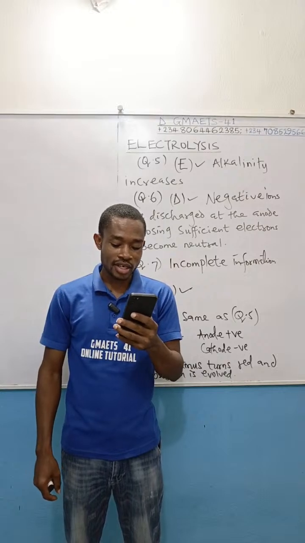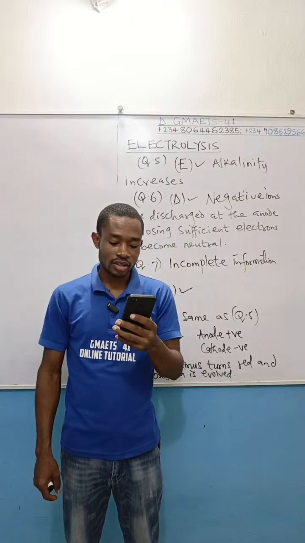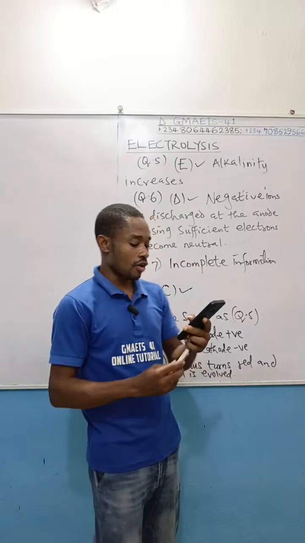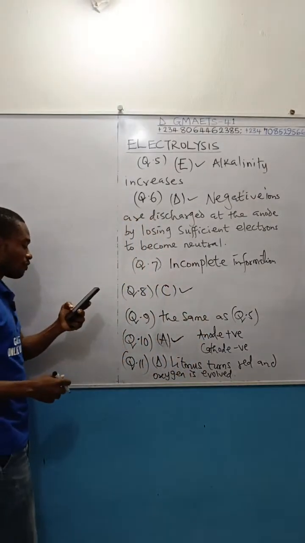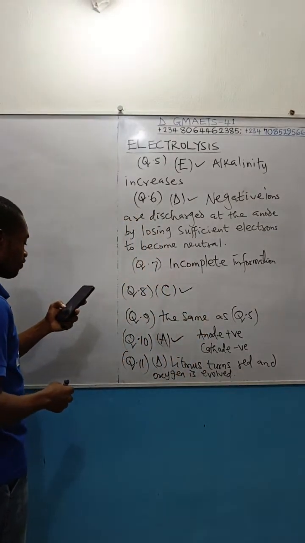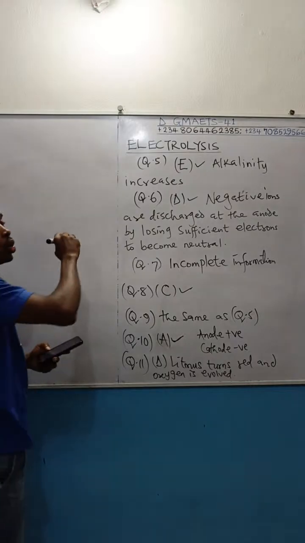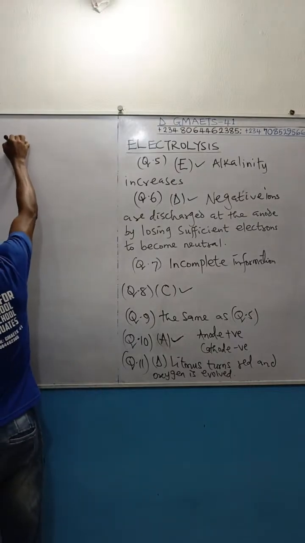Determine the valency of the metal. Then in brackets, 1 Faraday equals 96,500 coulomb per mole.